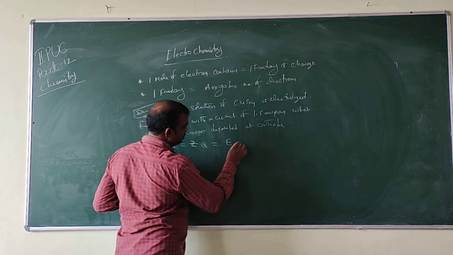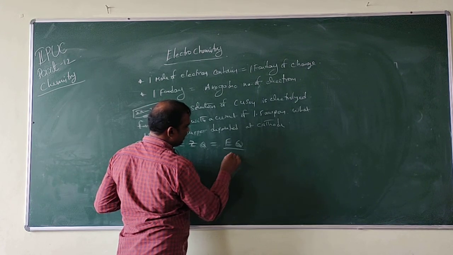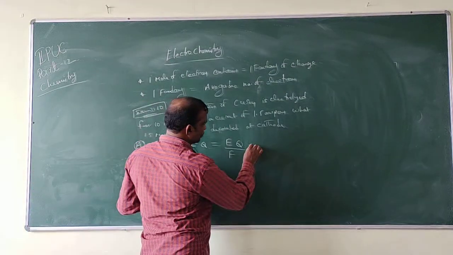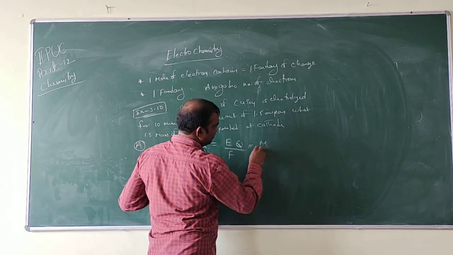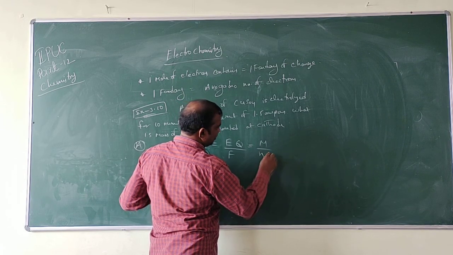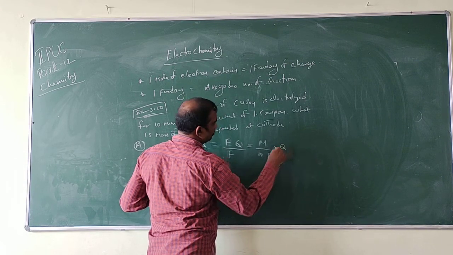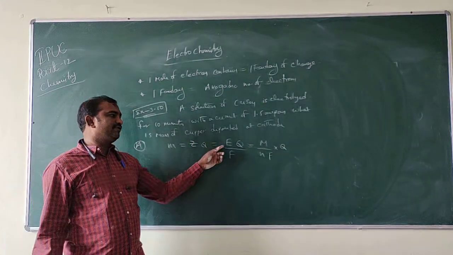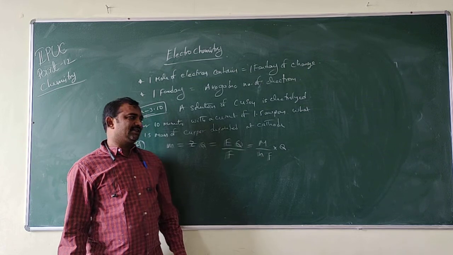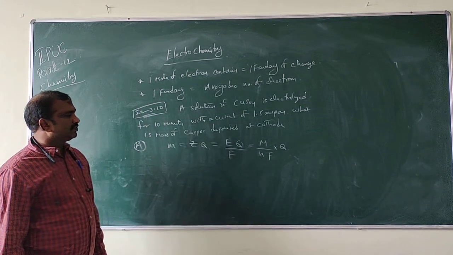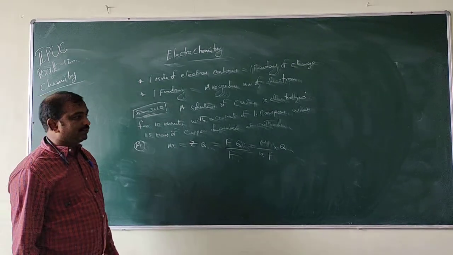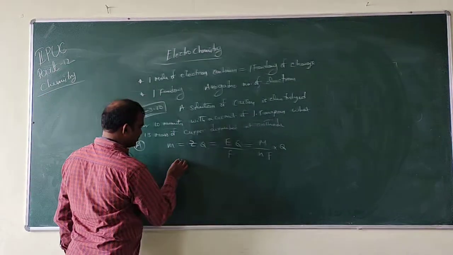Z is equal to E by F, so E is equal to M by n. Instead of E, I wrote M by n, atomic weight divided by n factor.